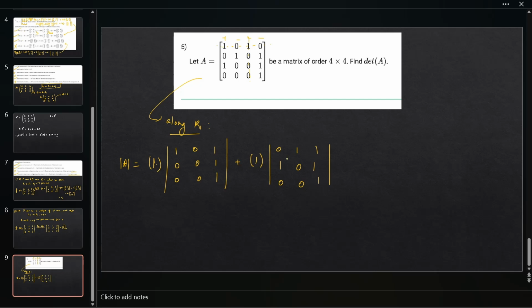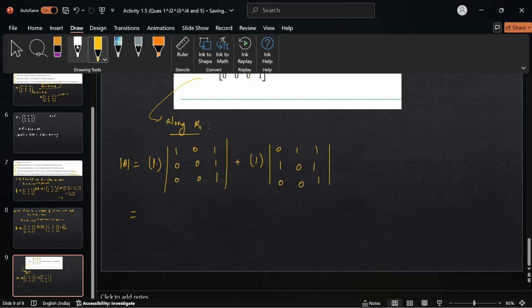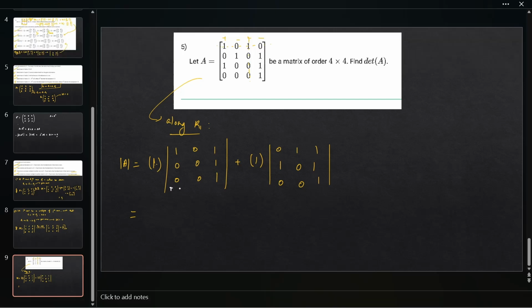Now let's see what will happen to this particular value of the determinant. So I can again expand this determinant over here. This time I'm going to expand along row 3. Why row 3? Because there are already two zeros over here. So I will just have to check for this one, plus, minus, plus.